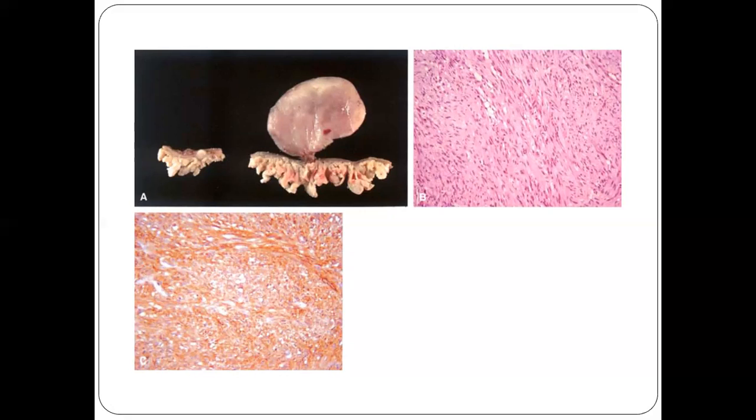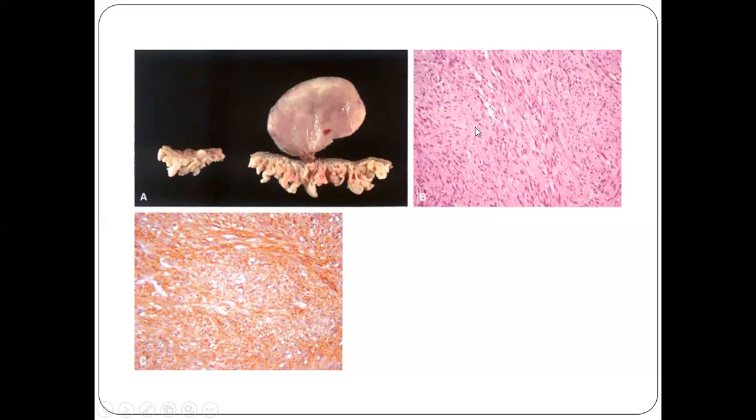CD117 is also positive in certain other tumors as well, like seminoma or sometimes melanoma. So the most common tumors which show CD117 positivity are number one, gastrointestinal stromal tumor and seminoma, and then melanoma.